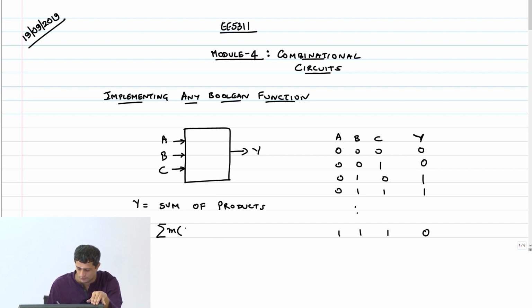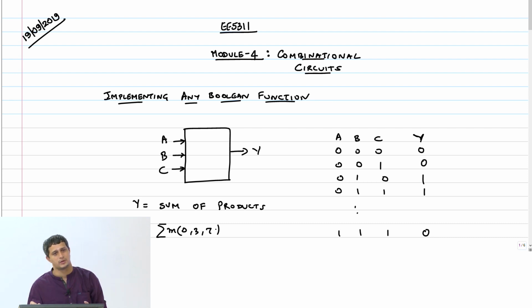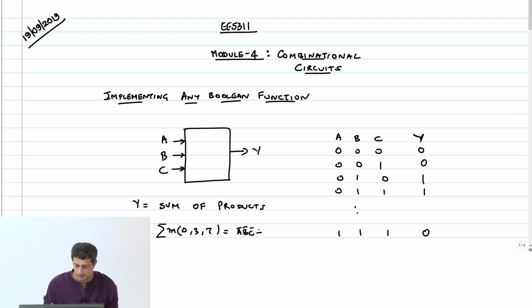Summation of min terms of, let's say, 0, 3, 7, for example. Right? So what does this mean? 0 is A bar, B bar, C bar. 3 is A bar, B, C. And 7 is A, B, C.